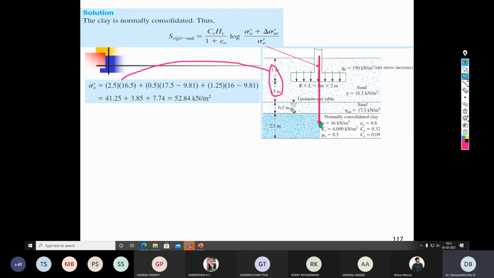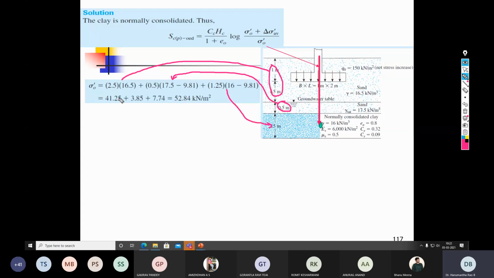Now another 0.5 meter thick sand layer is below the water table, so we need to take the submerged unit weight. And the last one is 2.5 divided by 2, that is 1.25. Since this is also below the water table, 16 minus 9.81, that is 1.25 multiplied by 16.9, submerged unit weight.